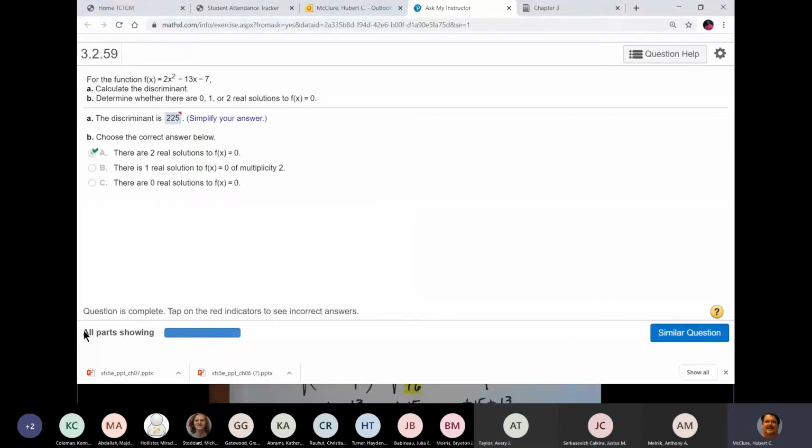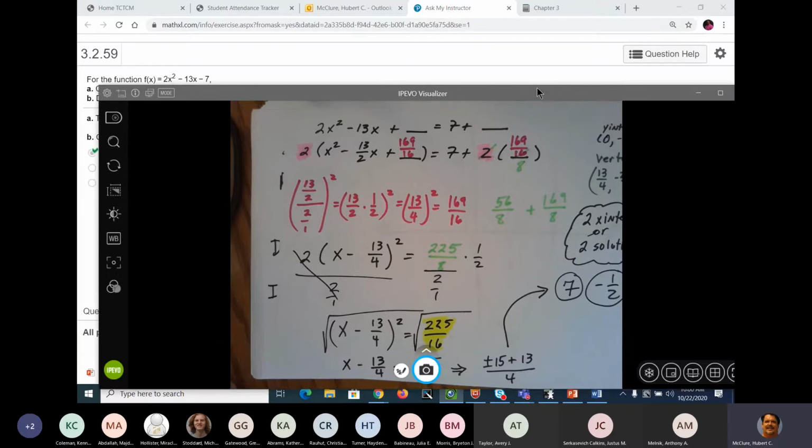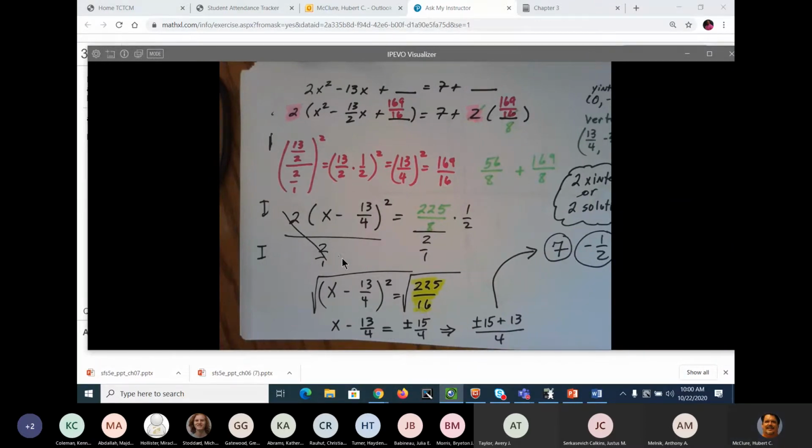So that's it. I'm sorry, but the discriminant is 225 over 16. I don't know why they said the discriminant is 225. So I don't know what to tell you on that one.